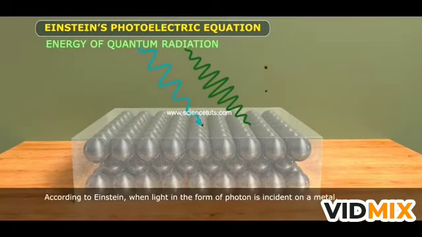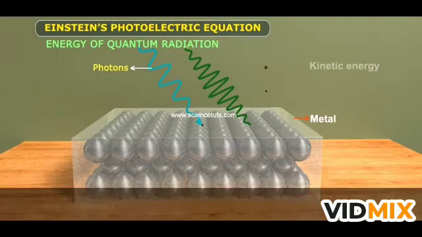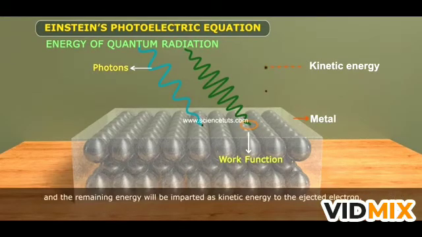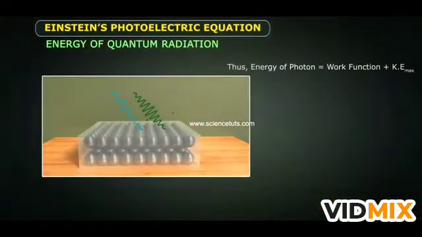According to Einstein, when light in the form of a photon is incident on a metal, it is totally absorbed, and its energy is partly utilized to free the electron from the metal surface, the work function phi naught, and the remaining energy will be imparted as kinetic energy to the ejected electron.